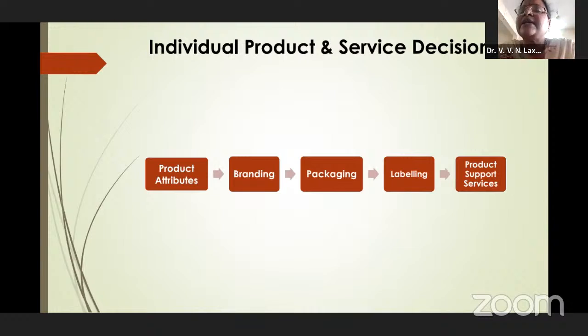Packaging decisions, labeling decisions, that is what should be written on the package. Even the government makes it compulsory that certain information is compulsory to be printed on every package, that is unit pack, and what product support services are required.